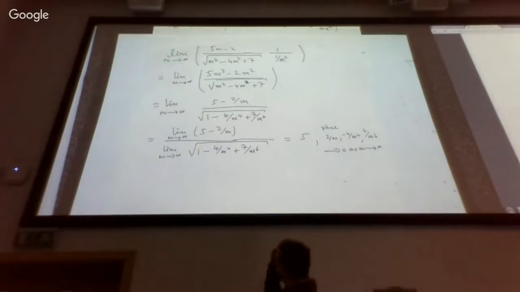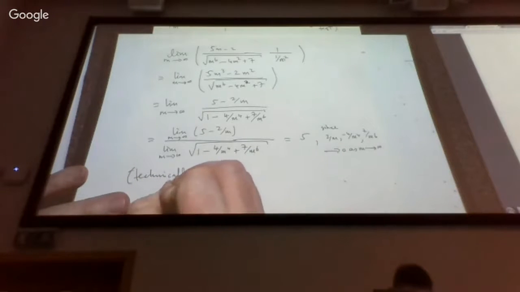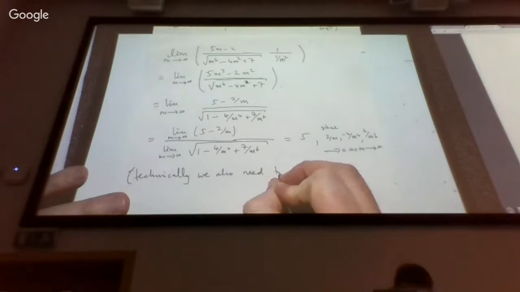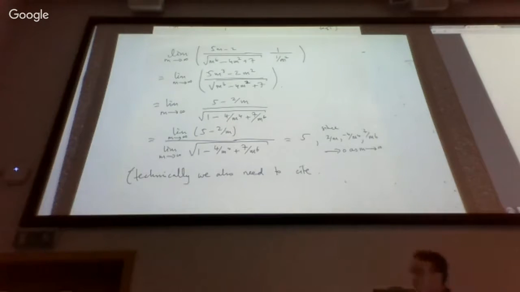Technically, I think we also need to cite the continuity of the square root function here. This kind of looks forward to some of the work we're doing with continuity in this new chapter, which we'll pick up after Christmas.